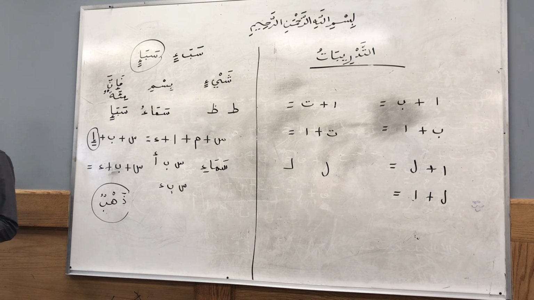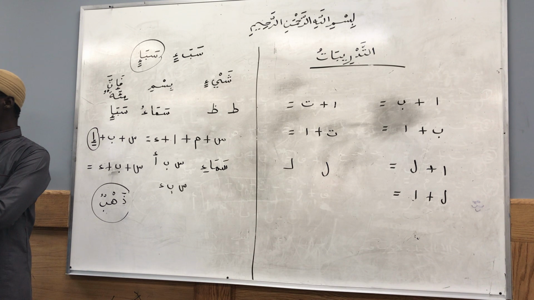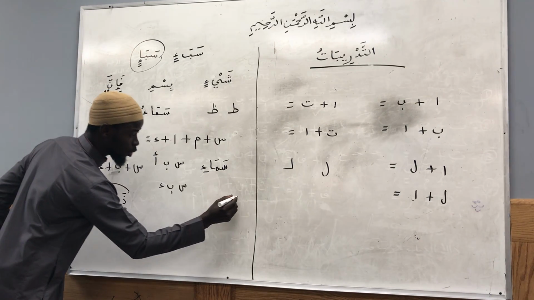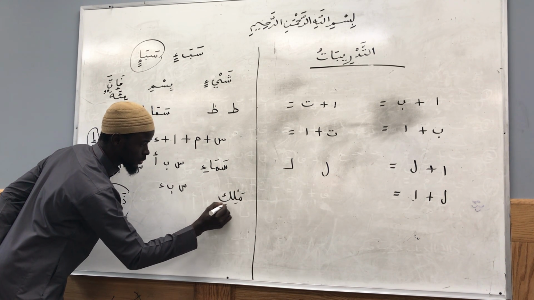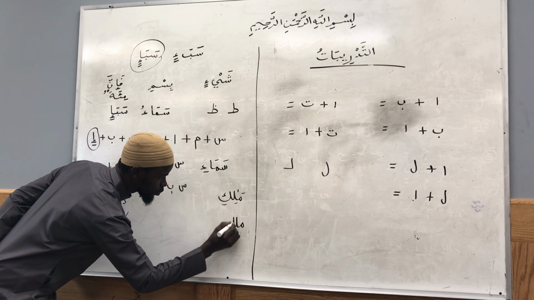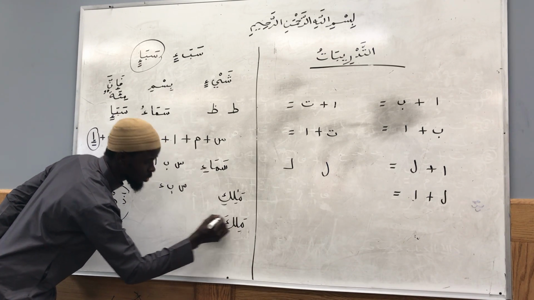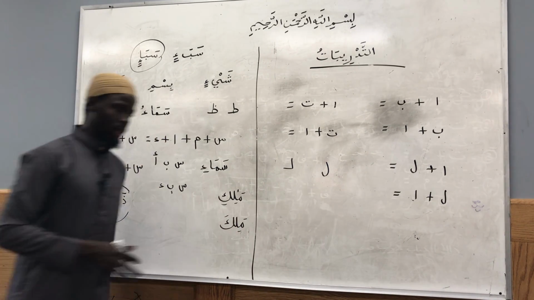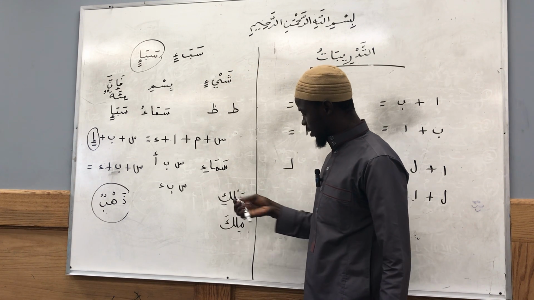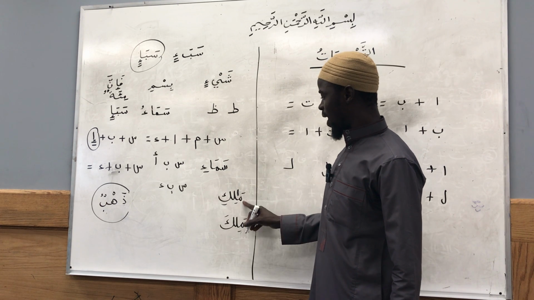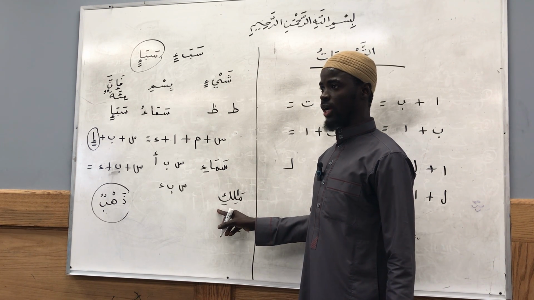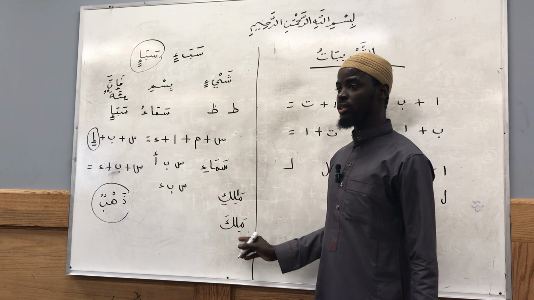But if I read it Malaki Yawmiddin, this is wrong. Because it can only change to Maliki with the mud here, Maliki Yawmiddin.